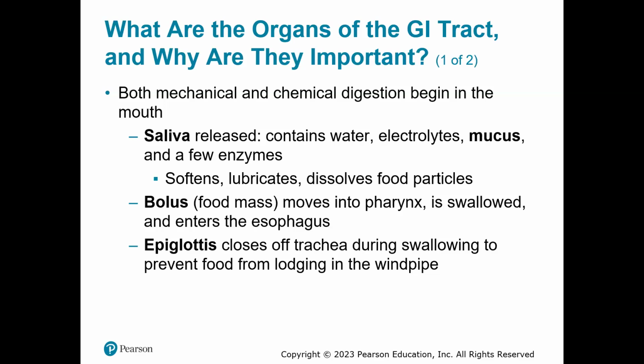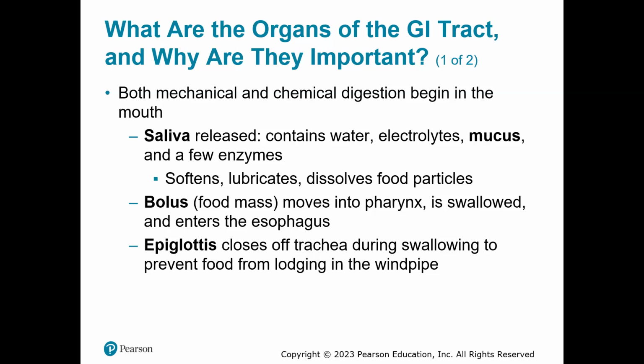As we swallow, we want to make sure, because like I said, the pharynx is a mixed passage for both food and air, that the food gets directed down into the esophagus and into the stomach, and not into your trachea and then down into your lungs.